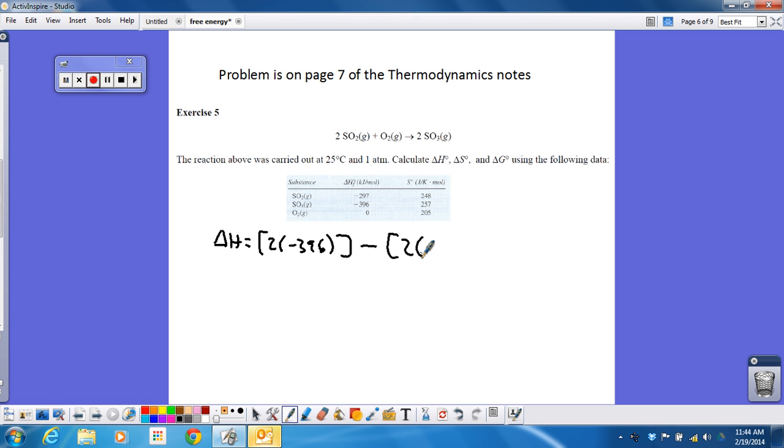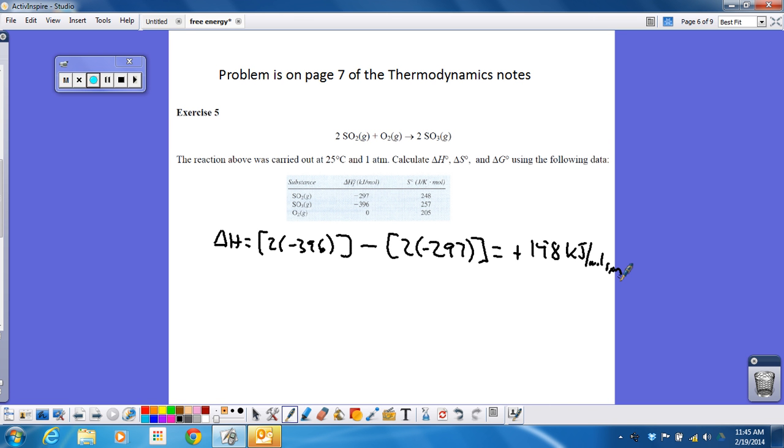And remember, elements in their natural state have a heat of formation value of 0. So the only number we need to take into account is negative 297. If I do that math, I get a positive 198 kilojoules per mole reaction.